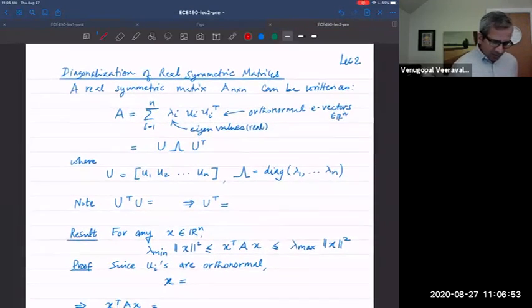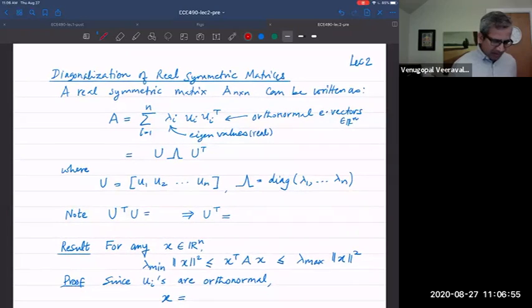Based on that result, we can show that a symmetric matrix with real entries can be expanded out. This is called the eigen or spectral decomposition, or eigendecomposition, of a matrix.